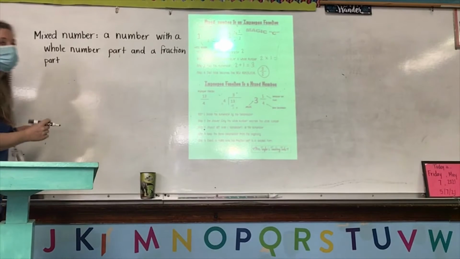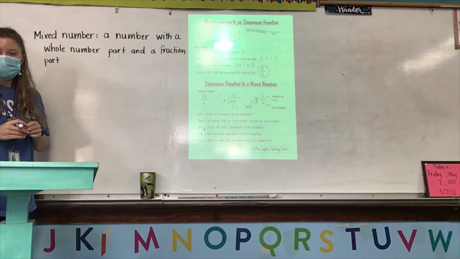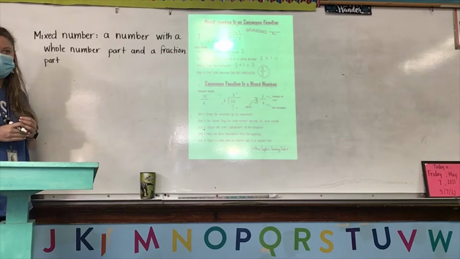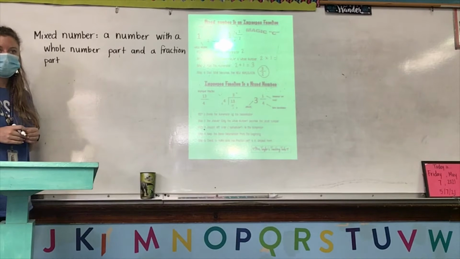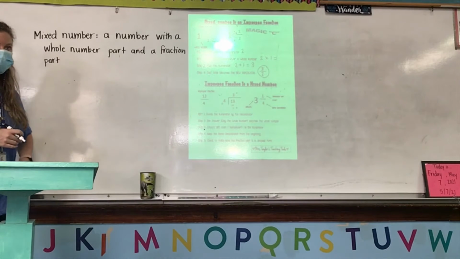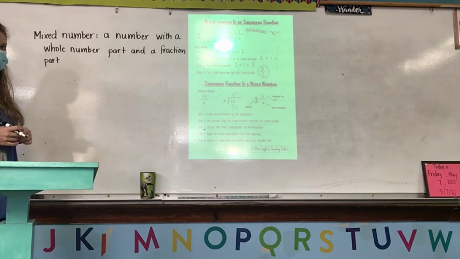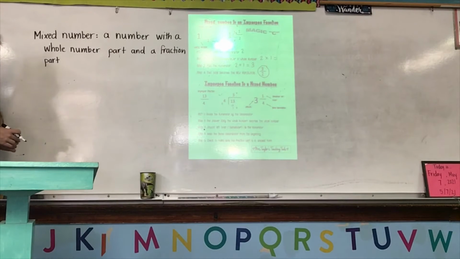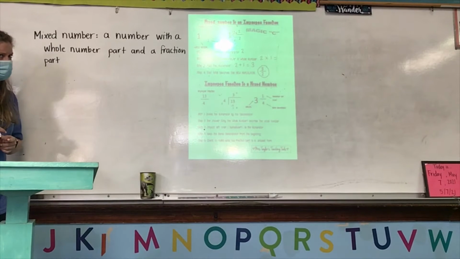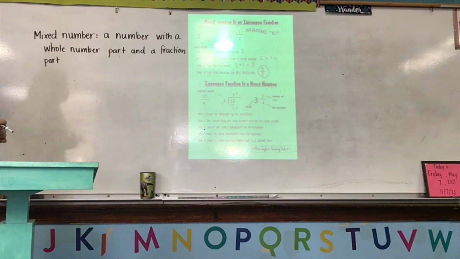Carla. An example of a mixed number is 3 5 thirds. But that's, okay, that's not how we say that, and we can't have 3 5/3. Zadie? 3 and 5 thirds.